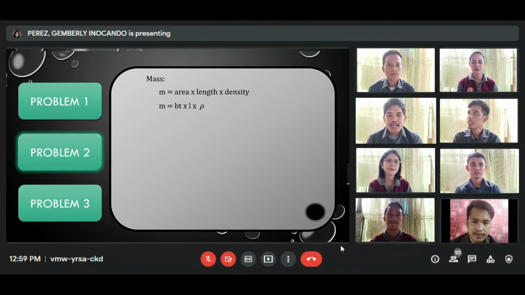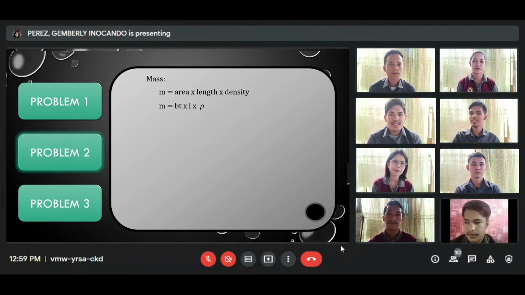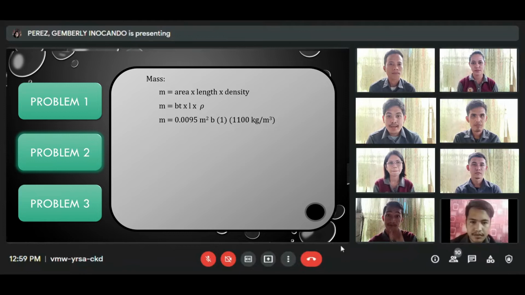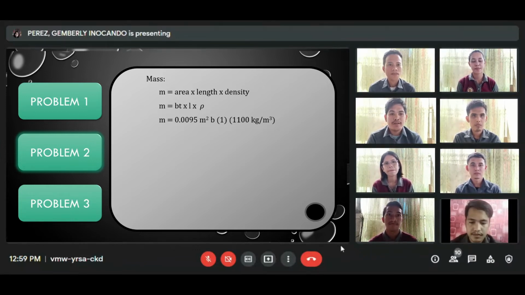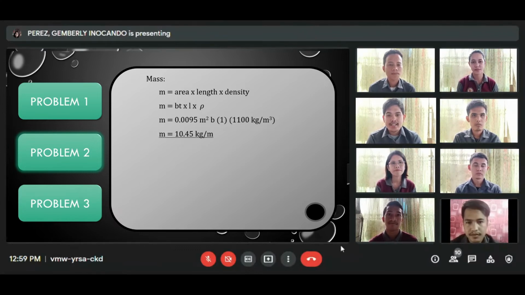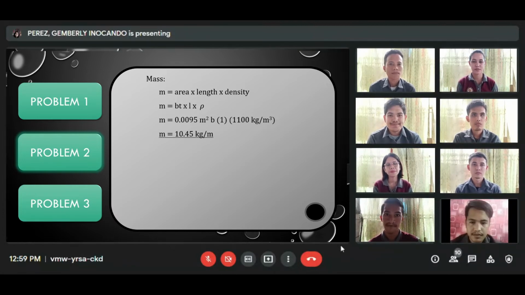M equals area times length times density. M equals 0.0095 square meters, which is the area, times 1 meter length, times the density, which is 1,100 kilogram per cubic meter. The answer is mass equals 10.45 kilogram per meter.